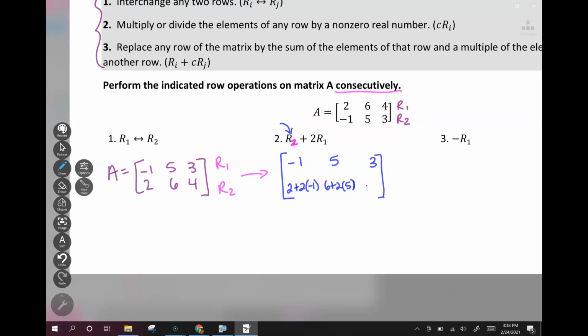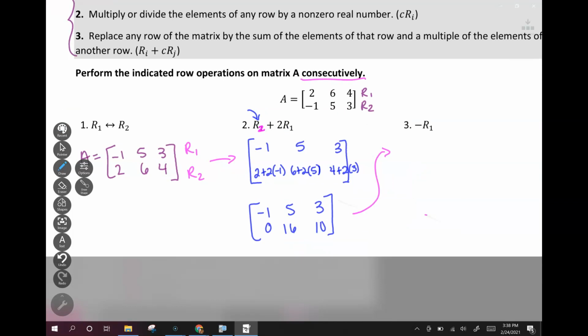And then lastly, I have 4 in row 2, and I'm going to add 2 times 3. Okay, so I'll simplify that. 2 plus -2 is 0. 6 plus 10, 16. 4 plus 6, 10. Okay.